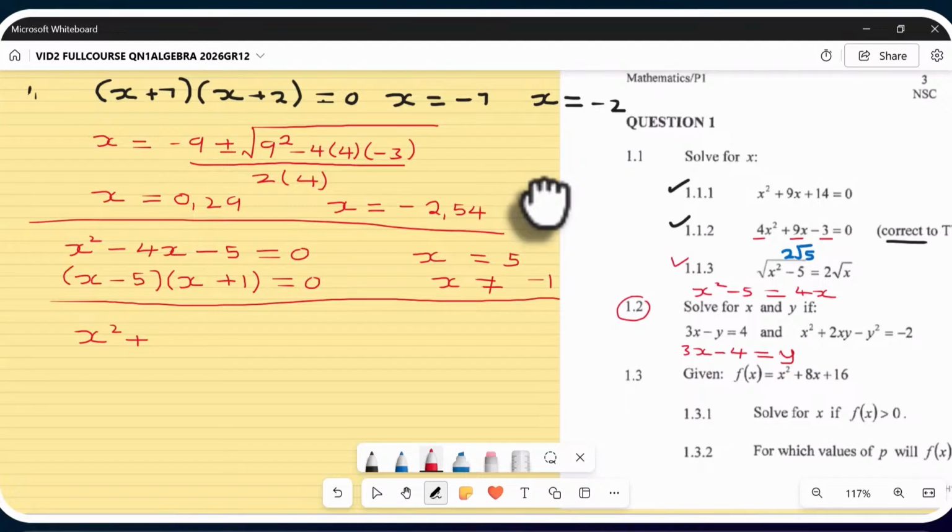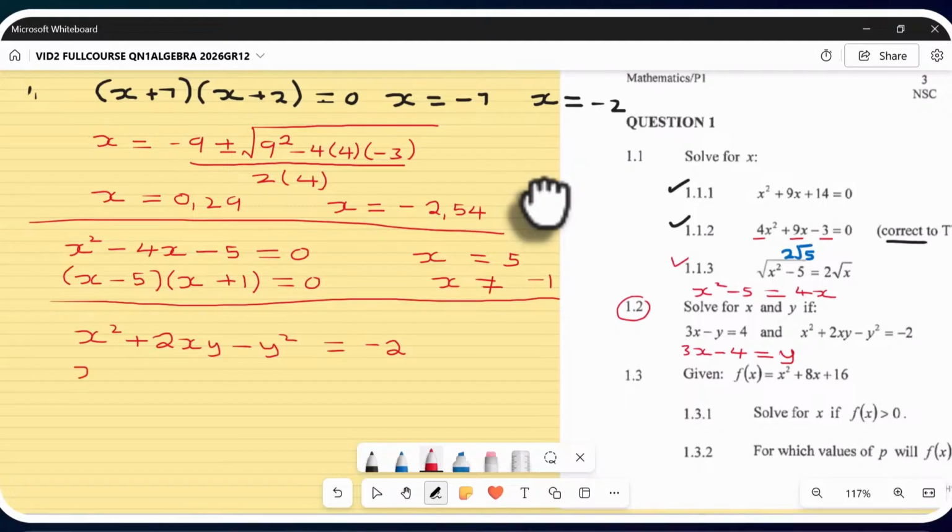And then minus y squared, but y is 3x minus 4, which also must be squared, 3x minus 4 squared, and then equals negative 2.